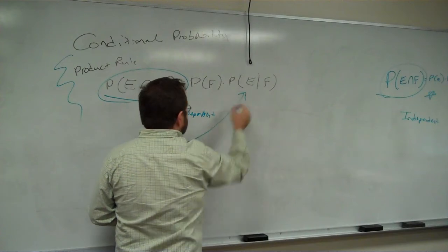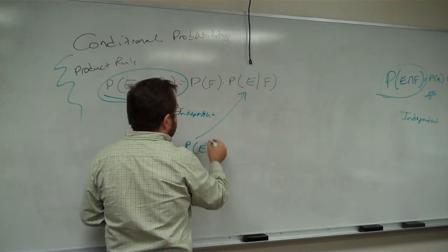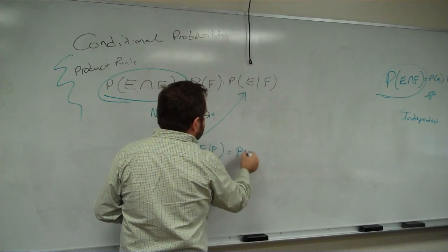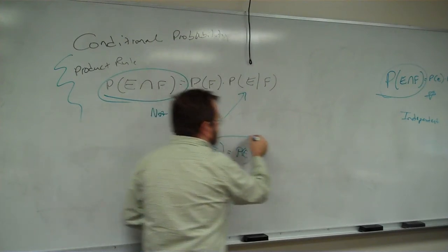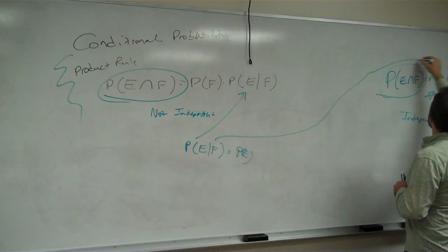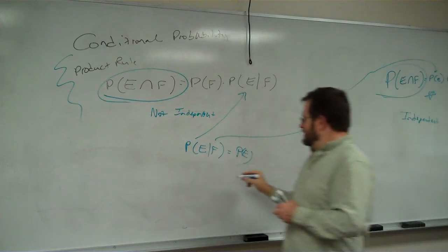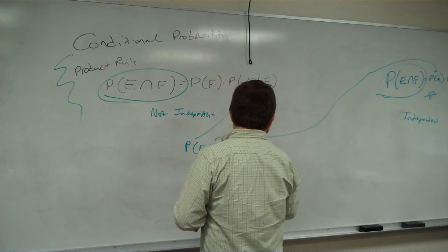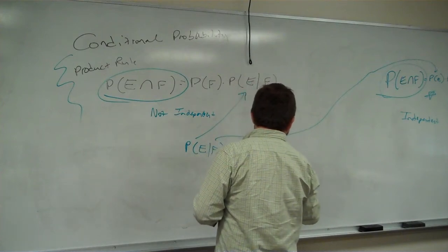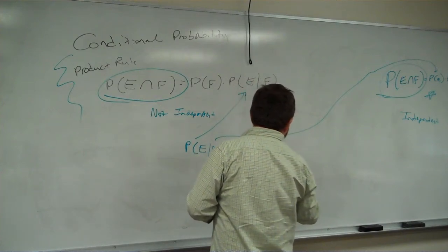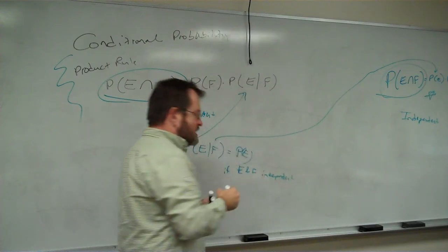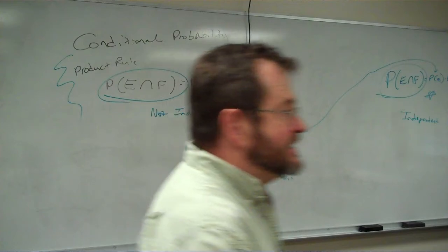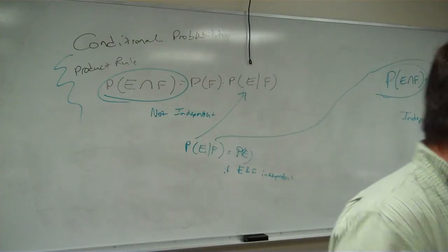This term right here, the probability of E given F, is equal to the probability of E if E and F are independent. That's kind of what independent means, is knowing the other thing didn't help.